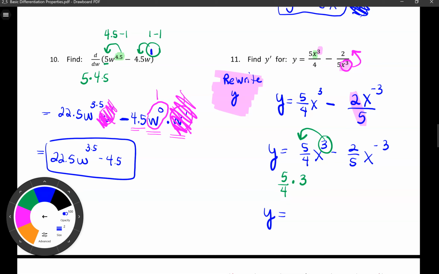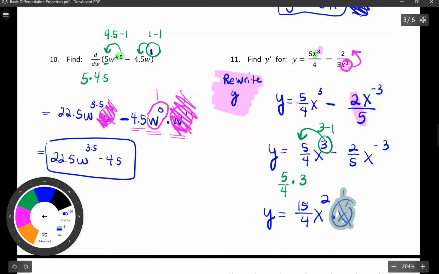So if you wanted to put it as 3.75, you could. I think my MATLAB makes you keep it as 15/4, but just use your calculator. If you need help with fractions on your calculator, come to office hours and I can help you with that. And then I rewrite the base and I decrease that exponent by 1. So it becomes x squared. Technically times the derivative of x, which is just 1, so I don't write it.